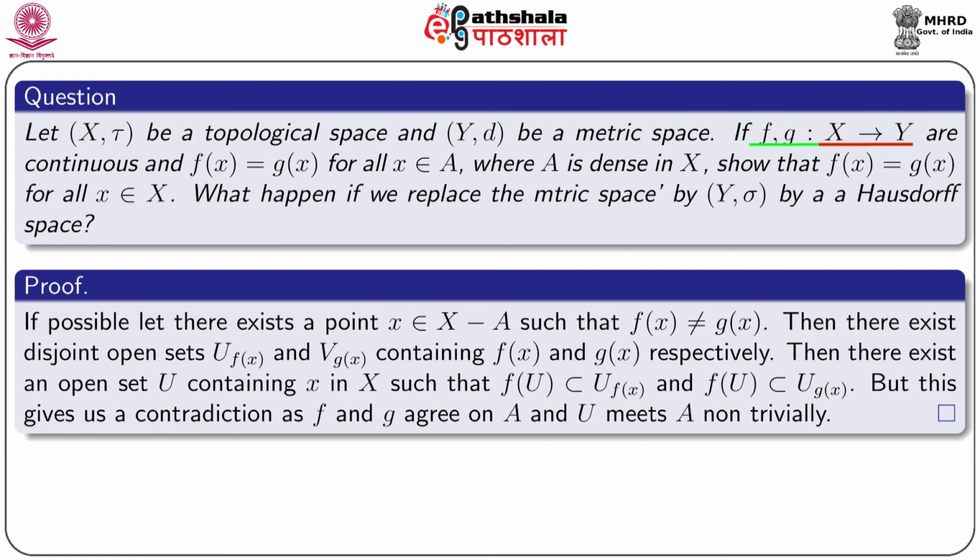If f, g from X to Y are continuous and f(x) is equal to g(x) for all x belonging to A, where A is dense in X, then f(x) is equal to g(x) for all x belonging to X. Since A is dense in X, for any point x outside A, there exists a sequence in A which converges to x. Now, the images of this sequence under f and g are the same as f and g agree on A, therefore, the result holds.